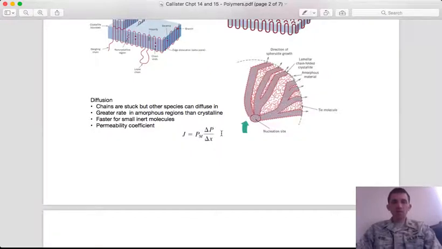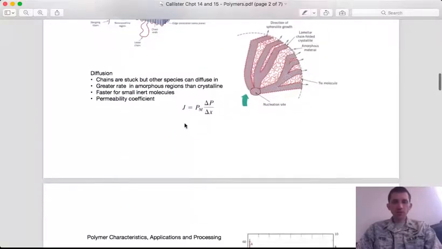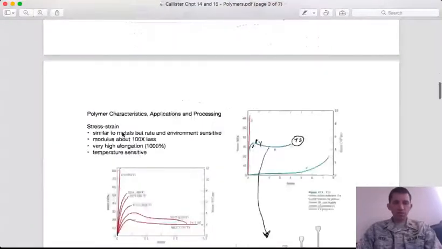But it's being driven here by a pressure differential, a partial pressure differential across that barrier, which is analogous to a concentration gradient that we saw in Fick's law. So that delta P is pressure. This P sub m is a permeability coefficient.